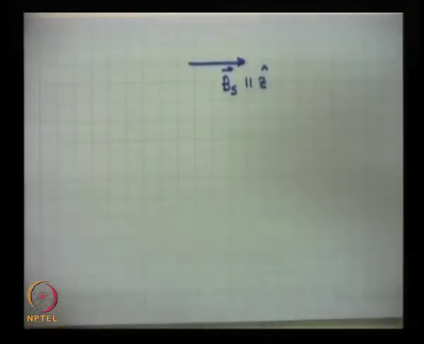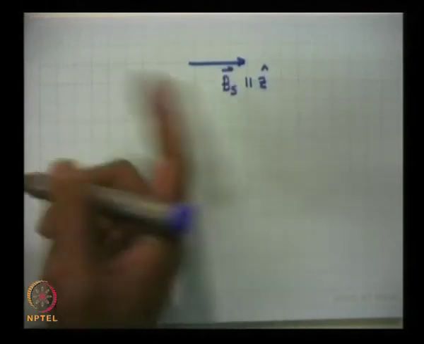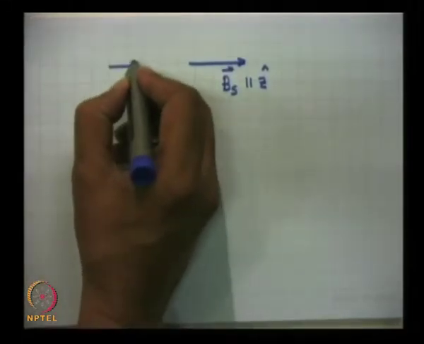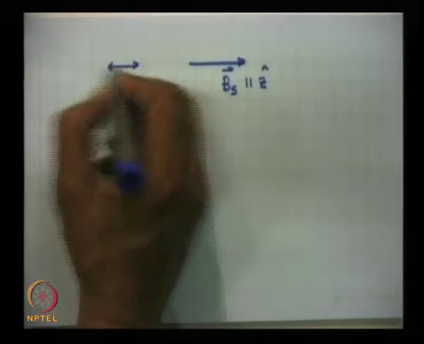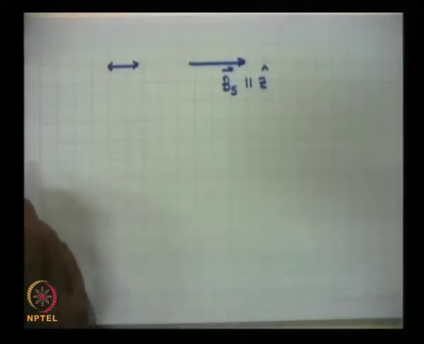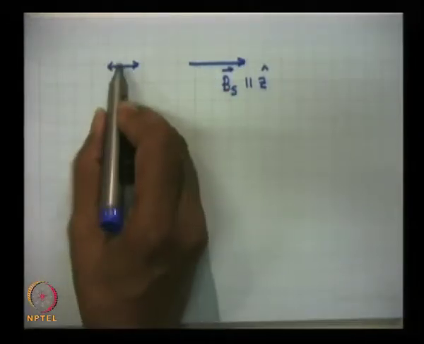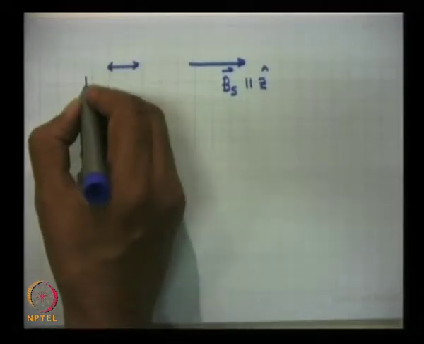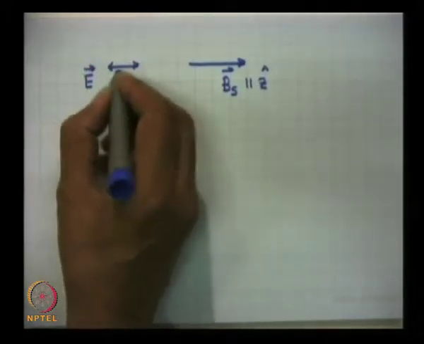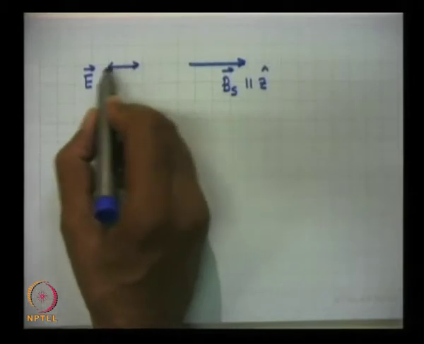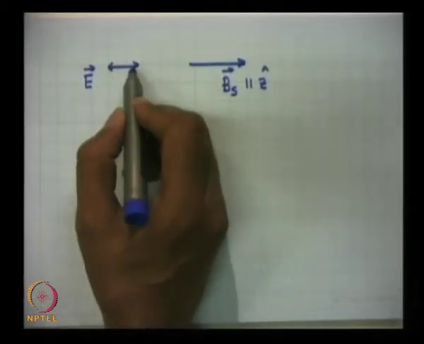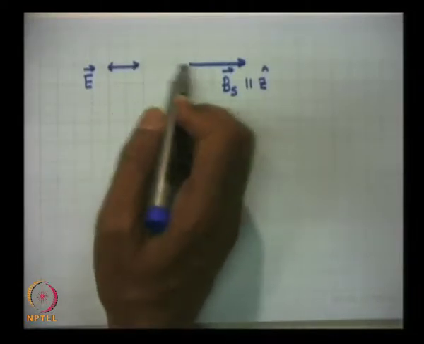You may note that if I have a plasma in which magnetic field exists, and I apply an alternating electric field in this direction, I do not expect much influence of magnetic field on the plasma response, because under the influence of the electric field, when the electrons move in the direction of magnetic field, the V cross B or Lorentz force on them due to magnetic field will be 0.